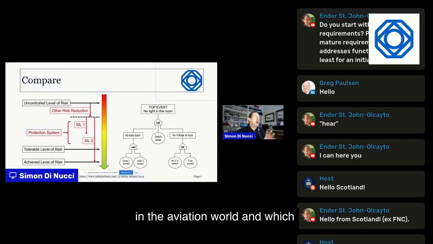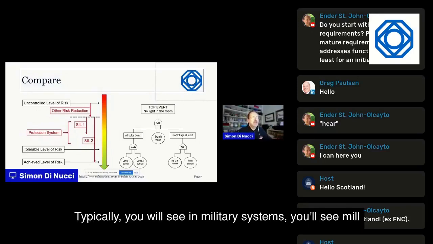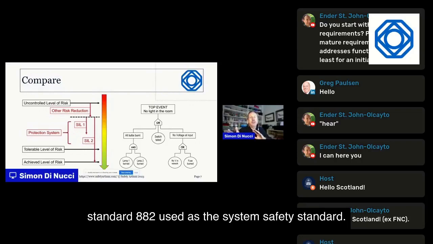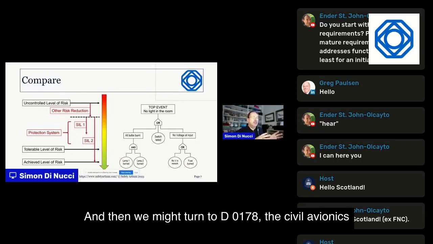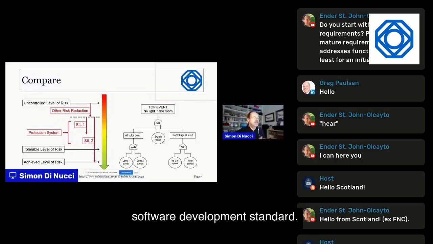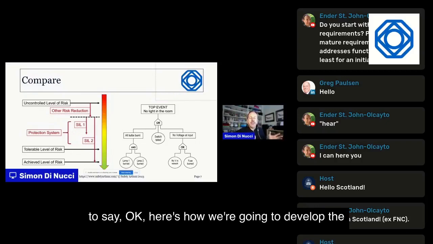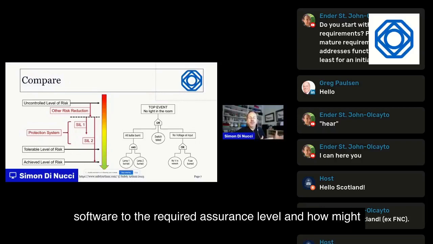Okay, in the aviation world, which is the one I'm most used to, typically in military systems you'll see MIL standard 882 used as the system safety standard, and then we might turn to DO-178, the civil avionics software development standard, to say, okay, here's how we're going to develop the software to the required assurance level.